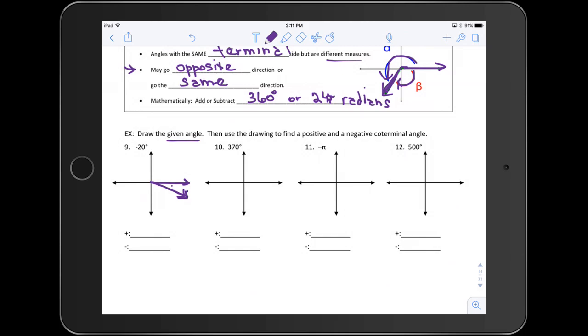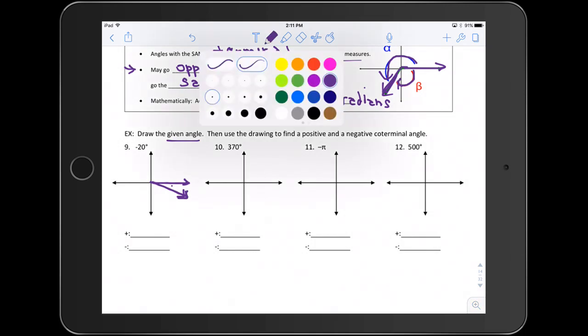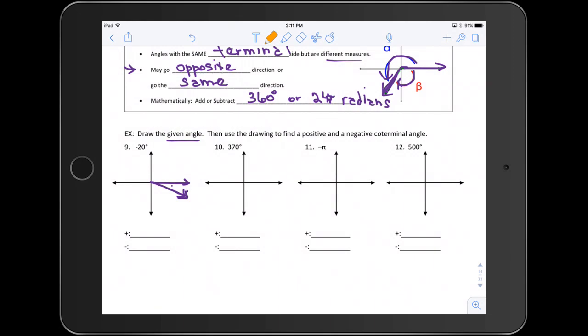Now, we want to find another negative angle, and we want to find a positive angle associated with that negative 20 degrees. I'm going to switch colors here, and I'm going to show that if this right in here is negative 20, that means this out here, coming around, is the other part of the 360.